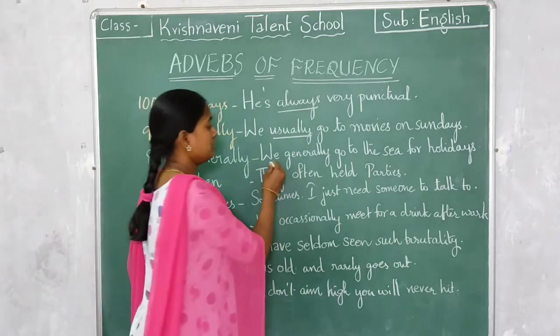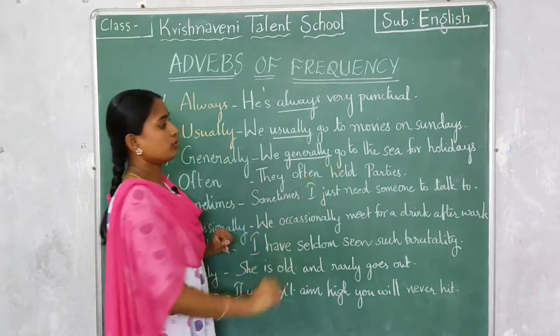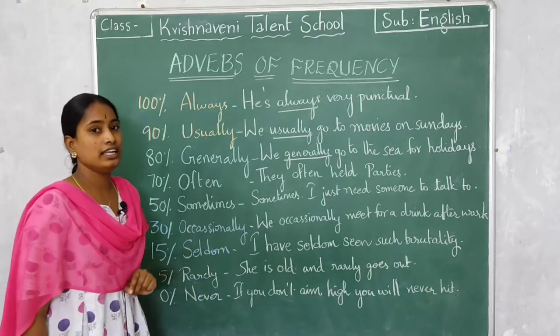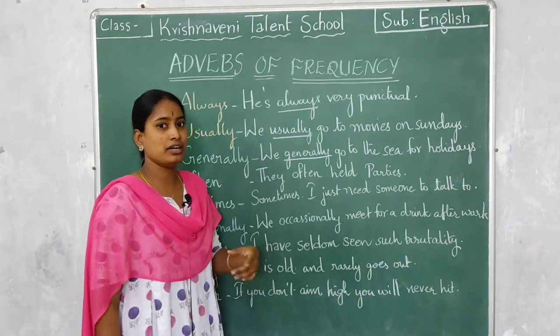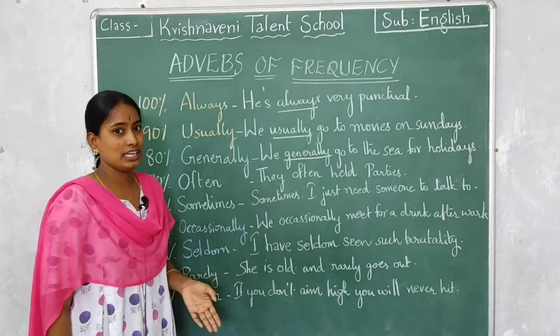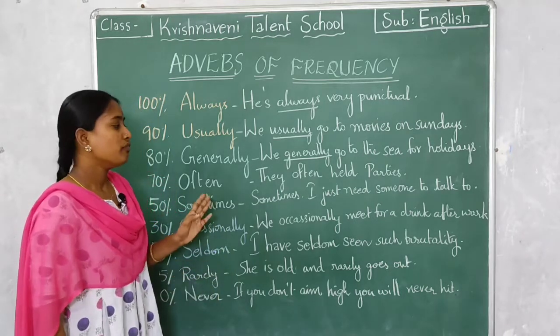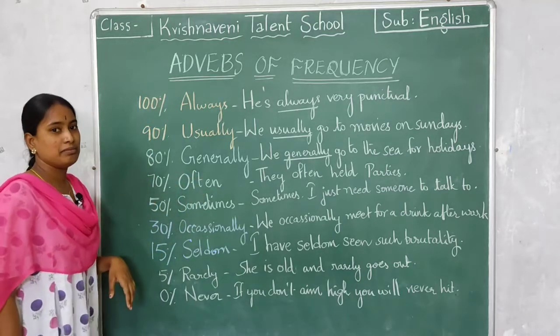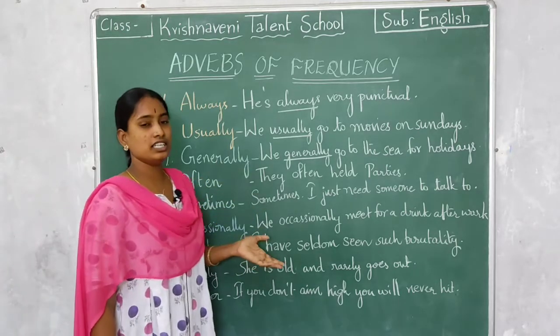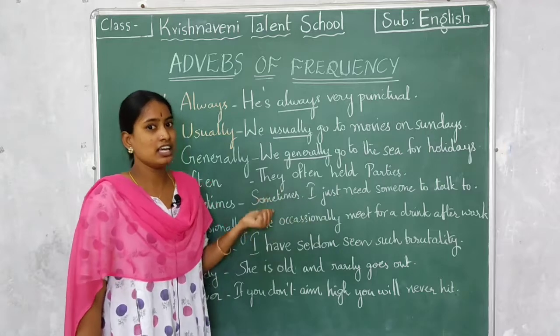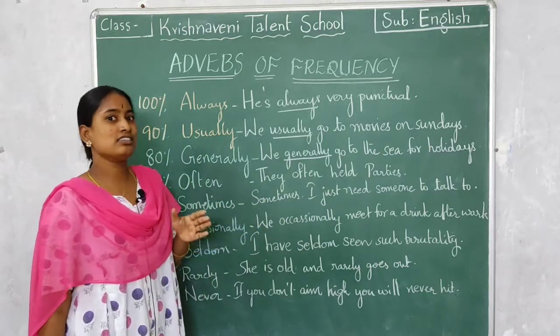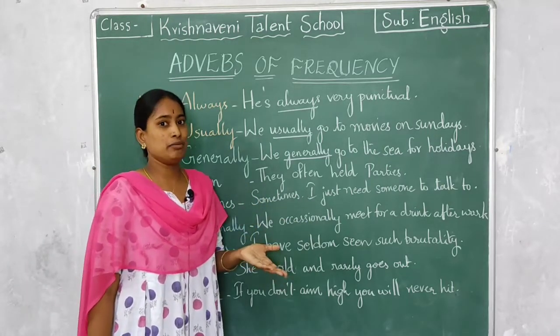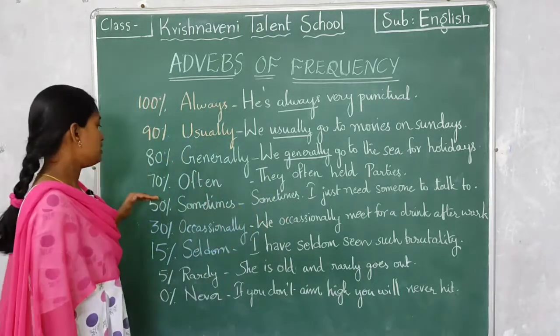Observe: we generally go to the sea for holidays. Only when we get summer holidays or any Dasara holidays, only at that time we go to the sea. That's why here we have 80%. It's not every day or every Sunday they are going for holidays. Just once in 3 months they go to the sea.